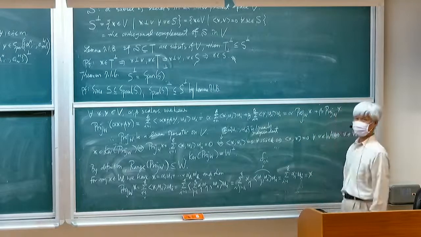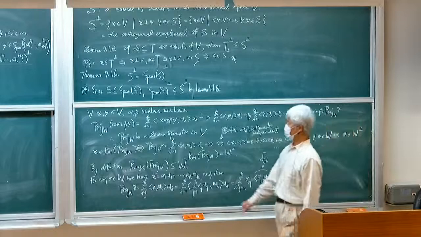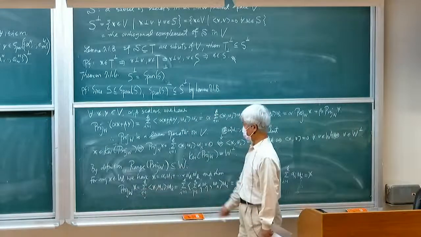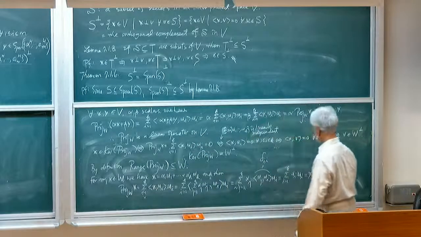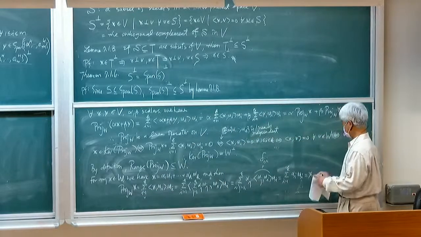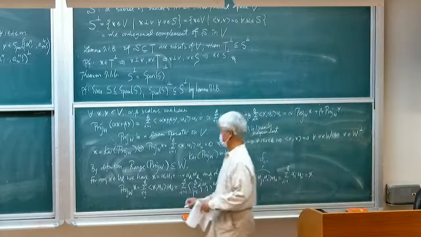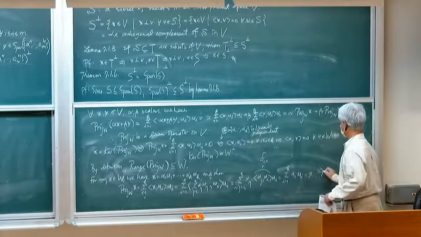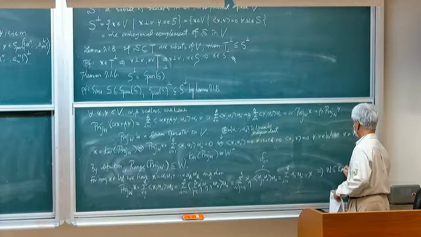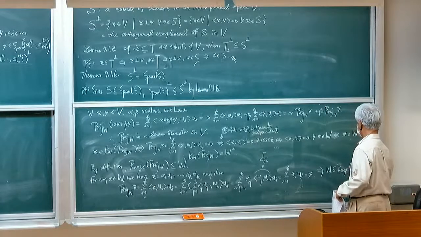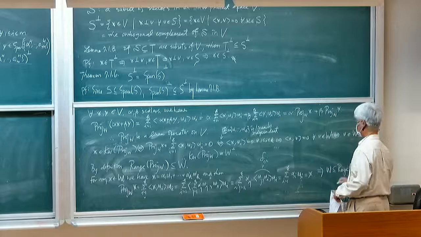So if x is in W, the projection of x onto W is x itself. So this implies that W is contained in the range of the projection onto W.